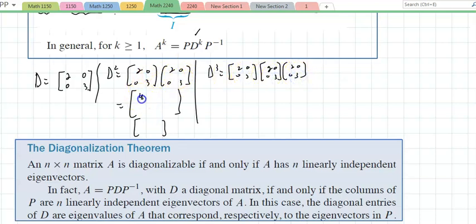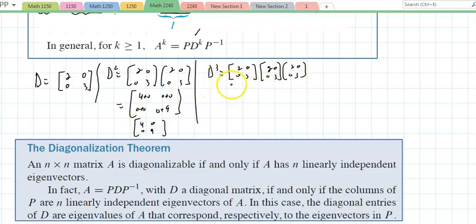So that will be 4 plus 0, 0 plus 0, 0 plus 0, and 0 plus 9. That will be [4, 0; 0, 9].